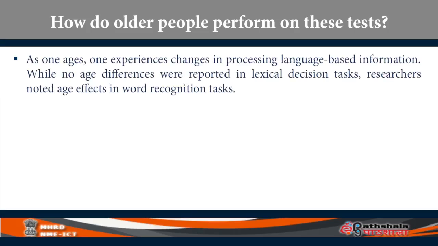There is some deficit, but it is not like semantic dementia, because there are no age differences in deciding when I flash a series of letters and I ask you, do you think this is a word in your language? 80-year-olds can say yes, even 15-year-olds can say. Lexical decision, there is no age difference, but they did find some age effects in word recognition.